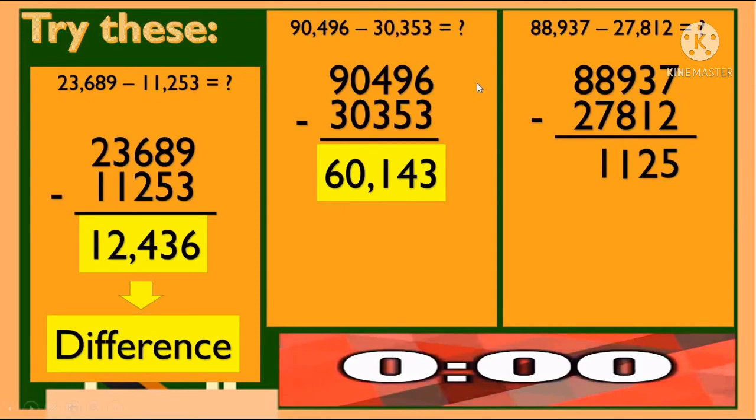And then 8 minus 2 is 6. Alright, so what will be our difference? What will be our final answer? Our final answer is 61,125.